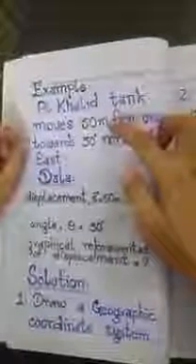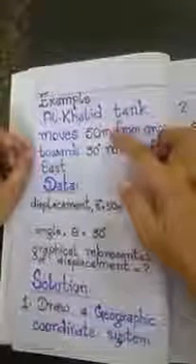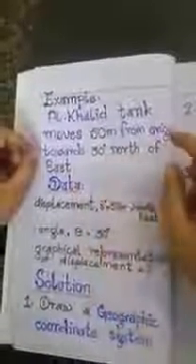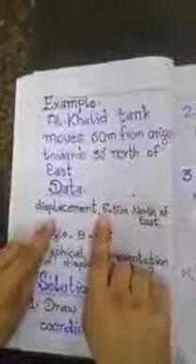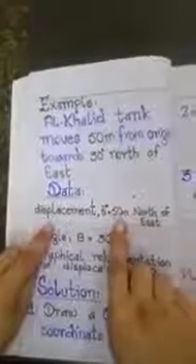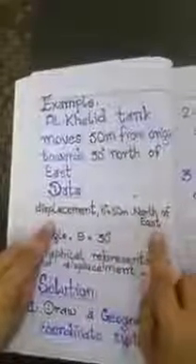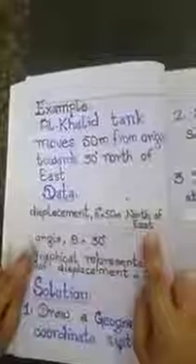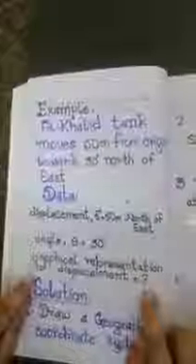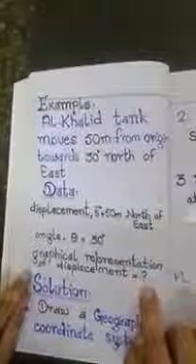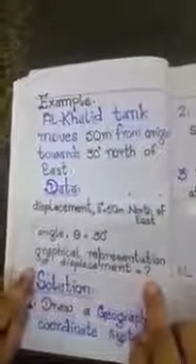But when the distance has a direction, north of east, now this distance is called displacement. Because displacement is a vector quantity, it is represented by the simple capital S with an arrow over it. It has a magnitude of 50 meters and a direction of north of east. Here the angle given is 30 degrees and we have to draw the graphical representation of displacement.